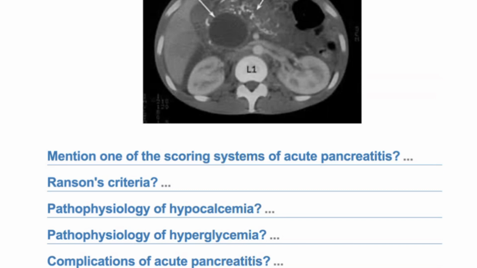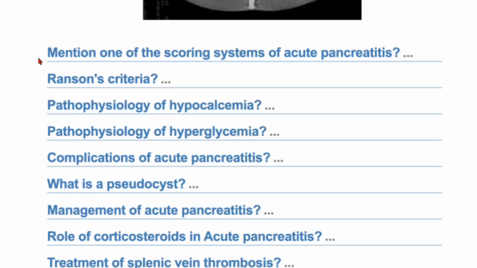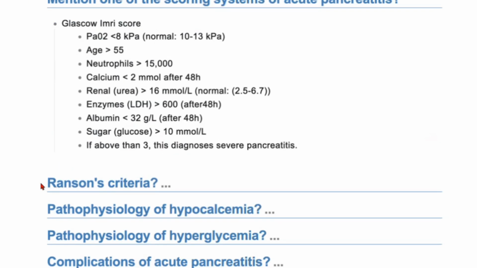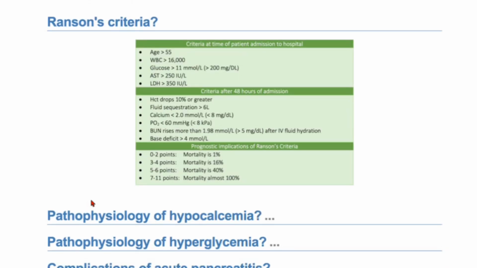You also have the Ranson criteria, which is done at the time of admission, and also 48 hours after admission. This is based upon the hematocrit, fluid, calcium, PaO2, blood urea nitrogen, and the base deficit. And this is the prognostic score for pancreatitis. So a score of 7 to 11 is essentially 100% mortality.